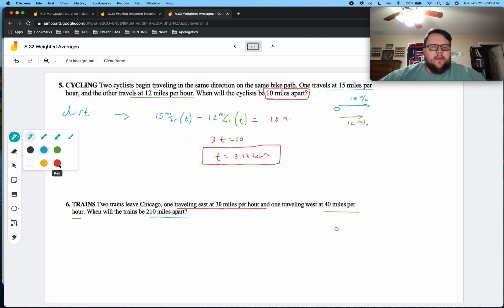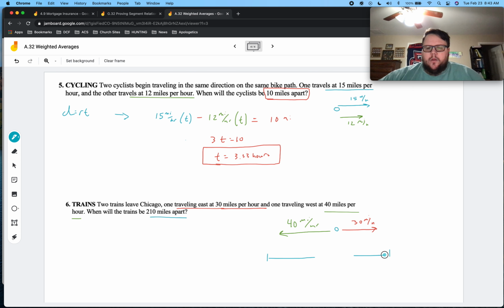We have the red train going east at 30 miles per hour, and we have the green train going west at 40 miles per hour. And we want to find when their distance is going to be 210 miles between them.